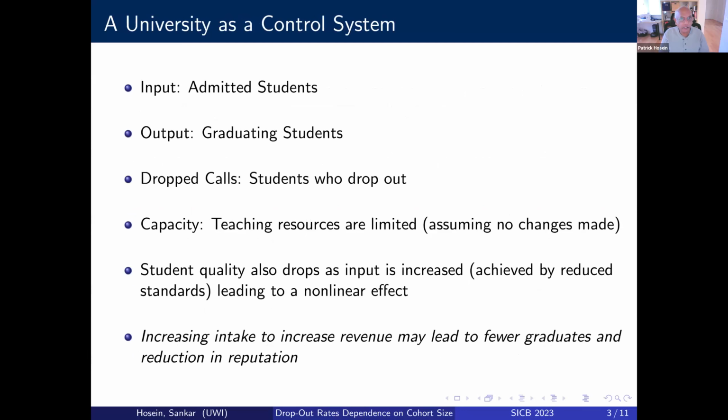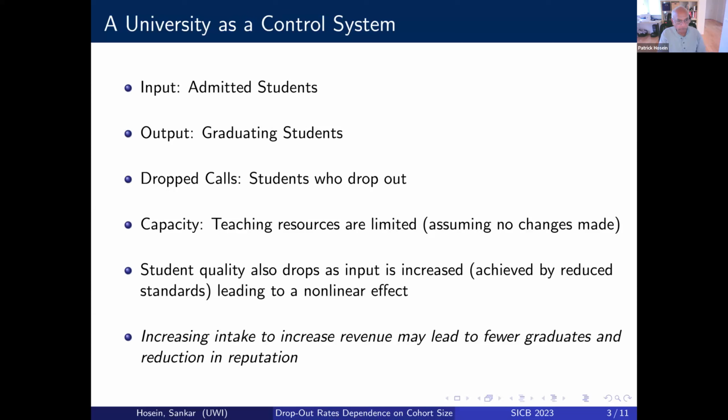So similarly, in a university system, the input is admitted students, the output is graduated students, and the dropped calls would be students who drop out. The capacity is the teacher resources, which is limited.